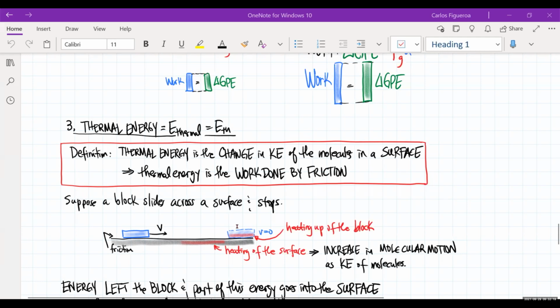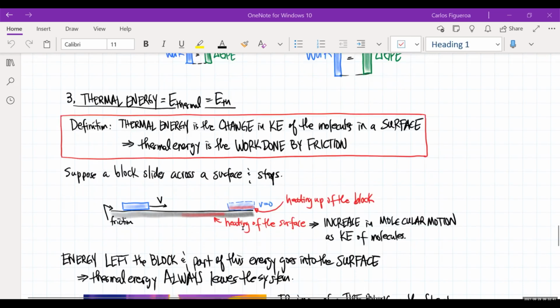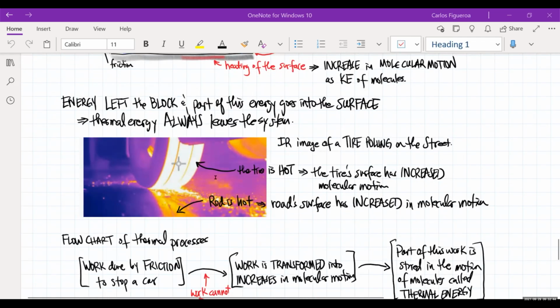Heating or thermal energy is very unique in this sense, because if there's friction across the surface, I am heating the block, and I am heating the surface. So the energy doesn't stay with the block only, or with the car only. One really clear example is this image: the tire gets hot and the road gets hot. So there's a split in the energy.